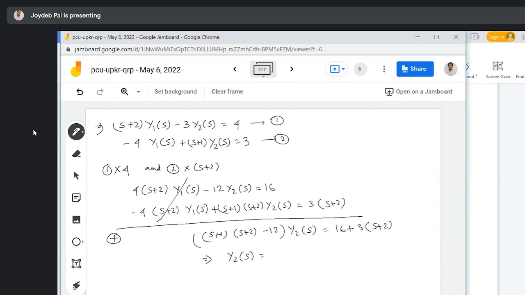Y2(s) will be (3s plus 22) divided by (s plus 1)(s plus 2) minus 12, that is s squared plus 3s minus 10. That is our Y2(s). Now by using that Y2(s) you can find Y1(s). You just substitute that Y2 in either equation 1 or 2, and you will get Y1, right?